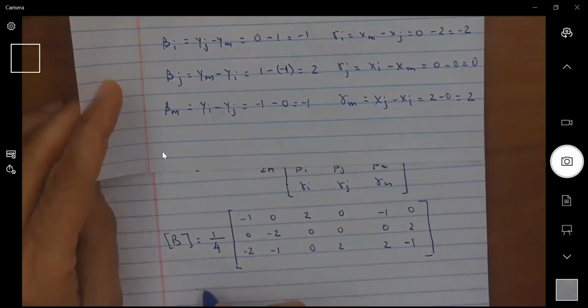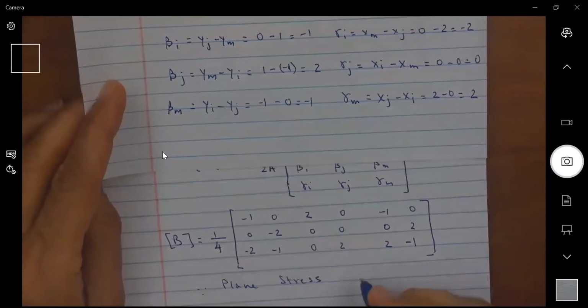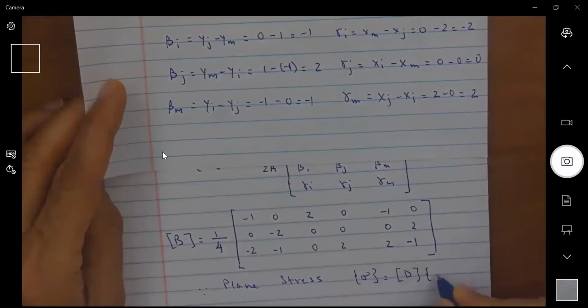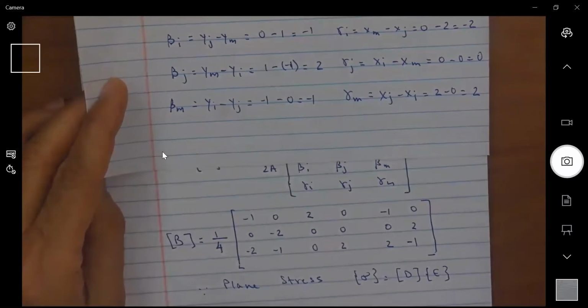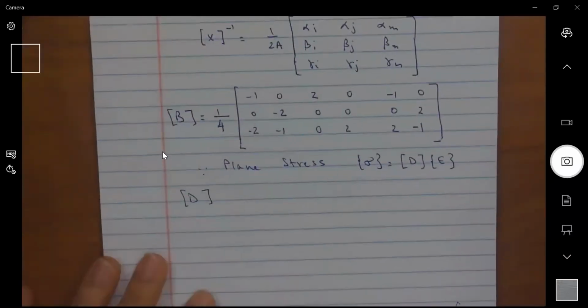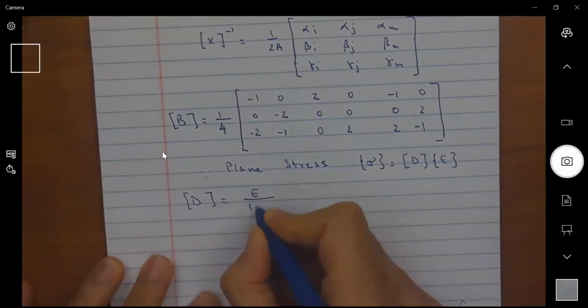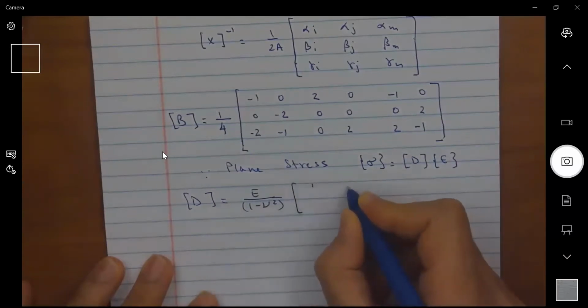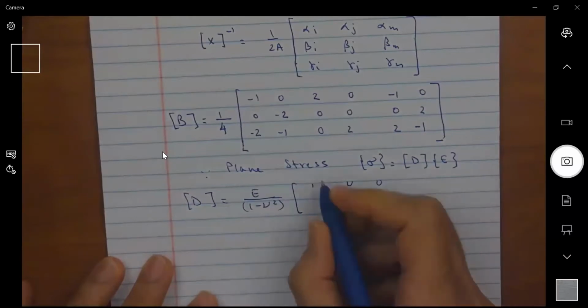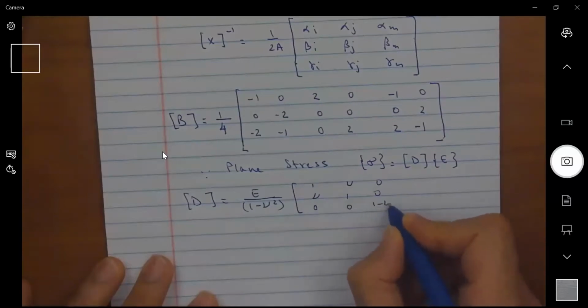Since it's a case of plane stress, we have the relationship that relates the stress to the strain via D, where D for plane stress is equal to E divided by 1 minus nu squared multiplied by 1, nu, 0, nu, 1, 0, 0, 0, and 1 minus nu over 2.